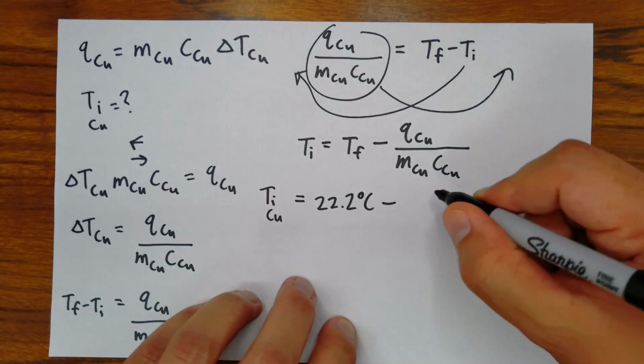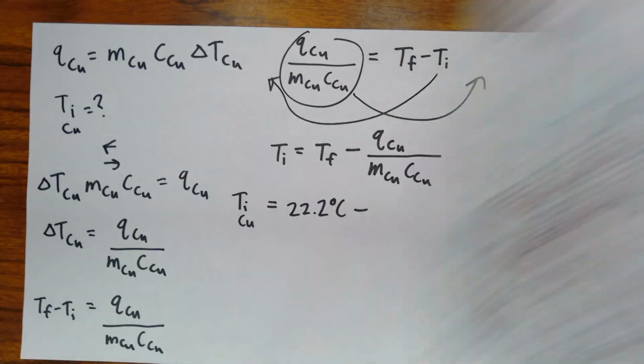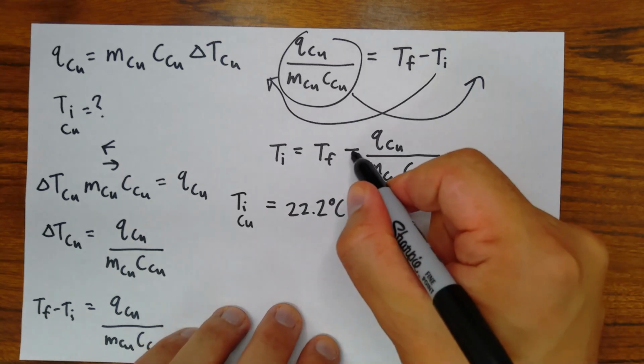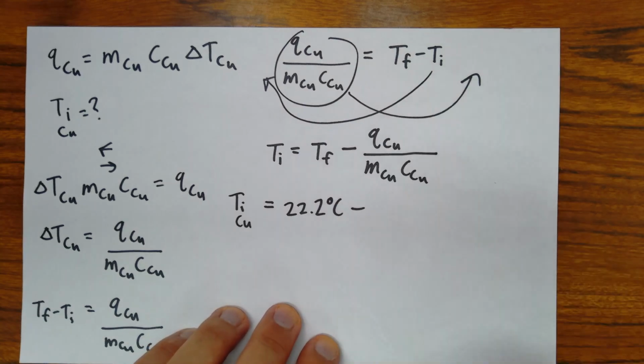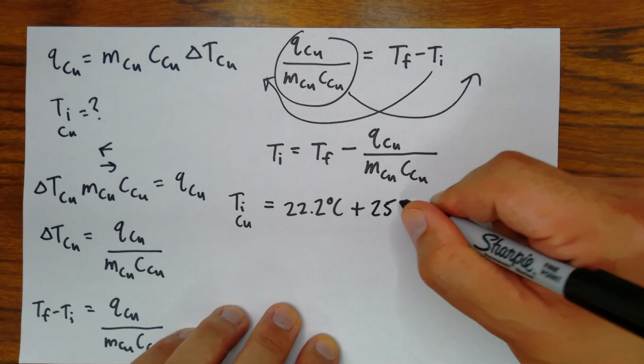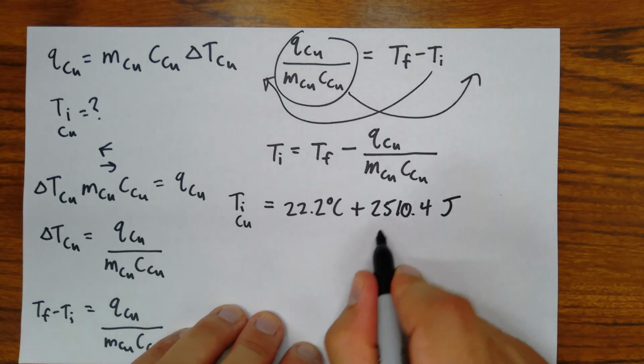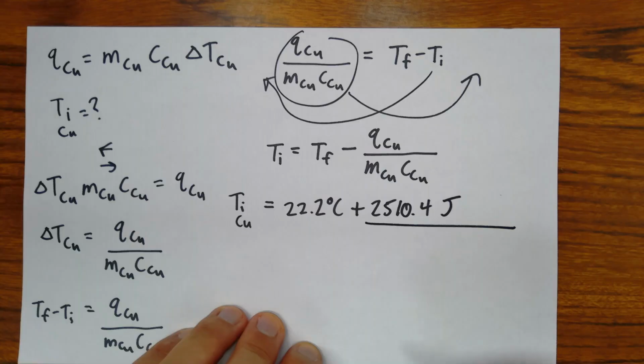Oh, check this out. We have a negative number, but we have a negative sign here. So negative in front of negative, that's going to turn into a positive. I love it when that happens. 2510.4 joules. Okay. All right.